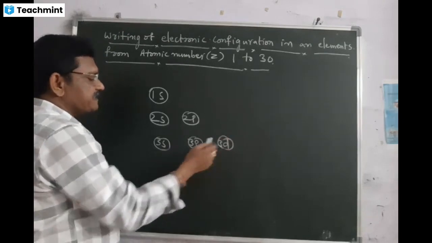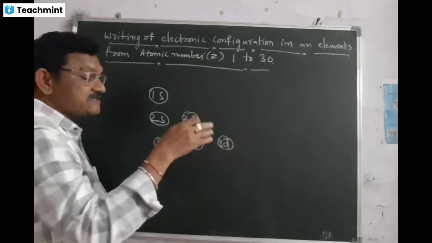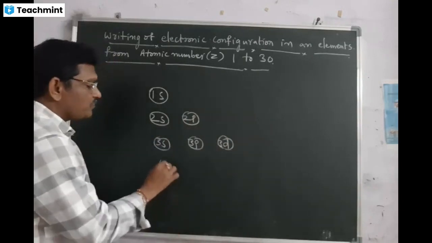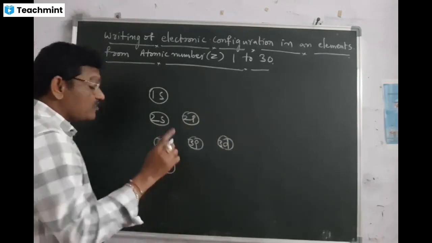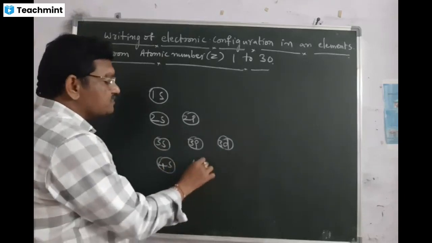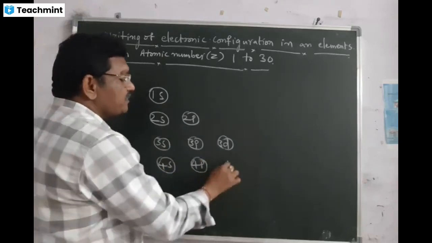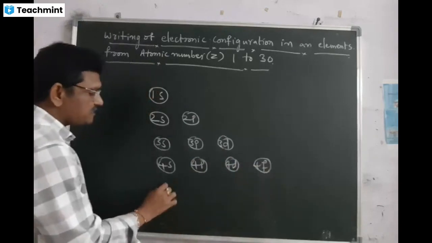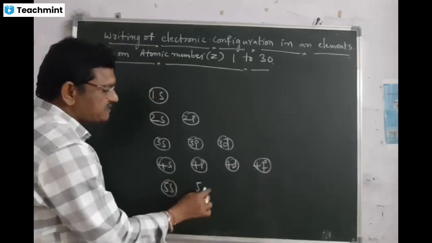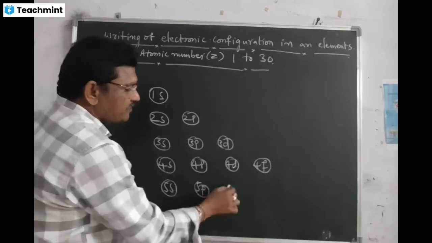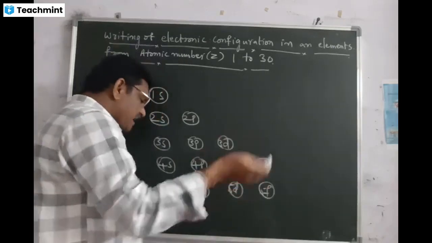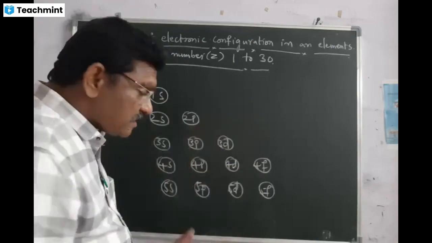Three subcells, s, p, d. Of course, the subcells are again divided into orbitals. Then the fourth cell contains four subcells: 4s, 4p, 4d, 4f.